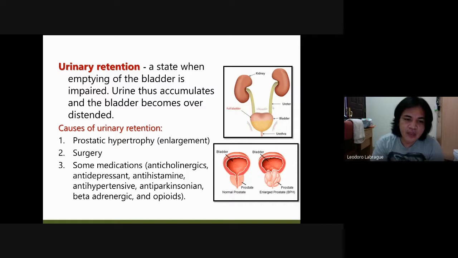Anticholinergics, antidepressants, antihistamines. I don't want you to memorize these medications, but you will learn them once you go to adults. However, I want you to realize that these medications can actually cause urinary retention. Is that right?